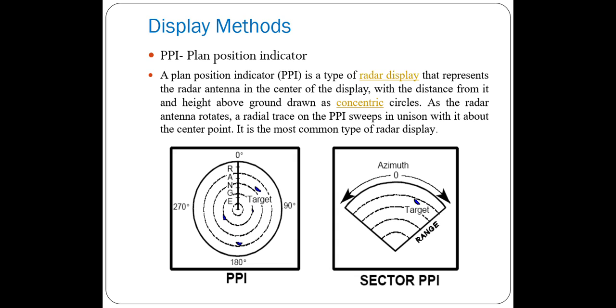Normally, PPI screens are circular with a diameter of 30 cm or 40 cm. Persistence phosphors are used to ensure that the PPI screen does not flicker.